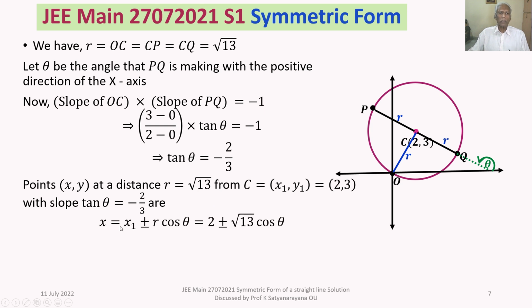We have x equal to x1 plus or minus r cos theta, that is 2 plus or minus root 13 cos theta. The y coordinate is y1 plus or minus r sin theta, that is 3 plus or minus root 13 sin theta. We continue in the next slide.